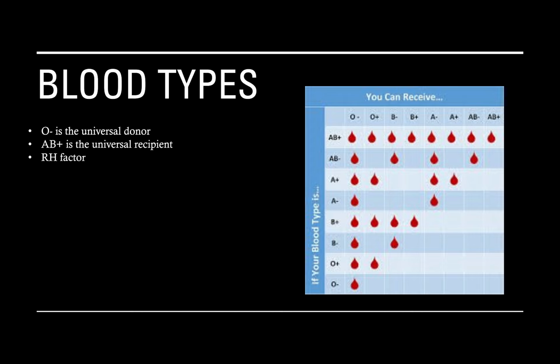So, blood types. This one can be really confusing. I wanted to put this chart on here so that we can have something to reference visually. But before we do that, I want to talk about what a blood type is. The blood type that you have, every blood cell will have an antigen.